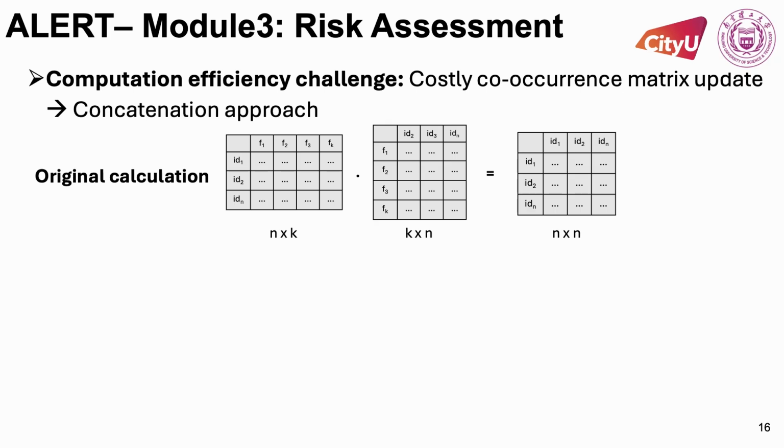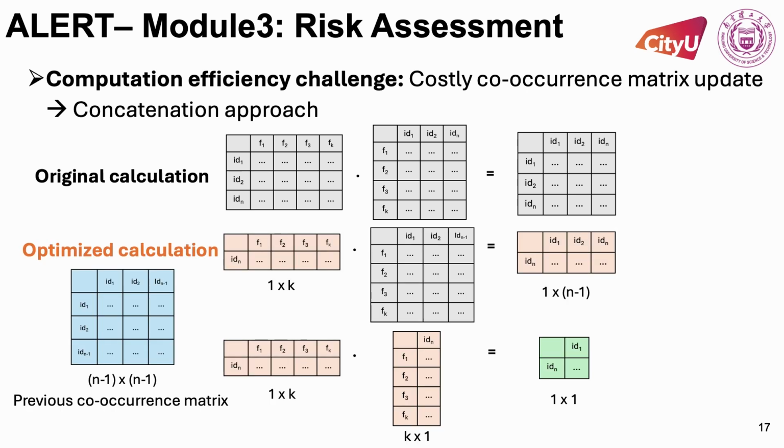In the online risk assessment phase, we observe that when the number of timestamps is large, computing the co-occurrence matrix costs too much time. To address this, we propose an optimized co-occurrence matrix computation method that leverages the previous co-occurrence state. Specifically, when a new query is proposed, the original method requires matrix multiplications of size n times k and k times m.